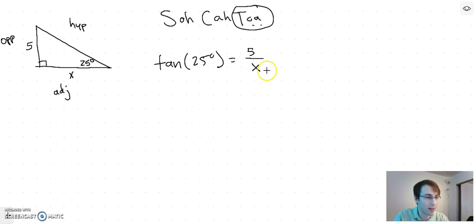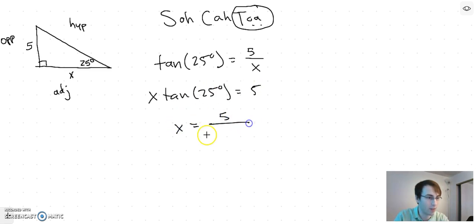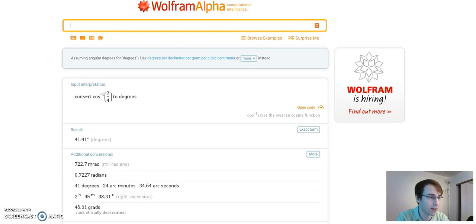So we can solve for x here. x tan 25 degrees equals 5, then x equals 5 divided by tan 25 degrees. And then we can evaluate this. Let's do it here.